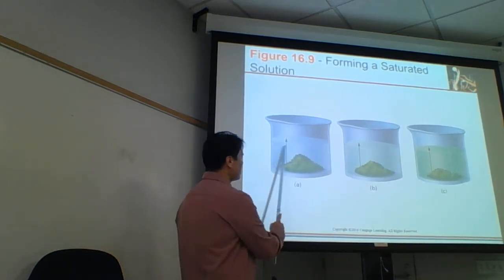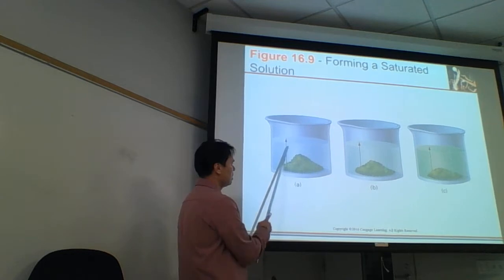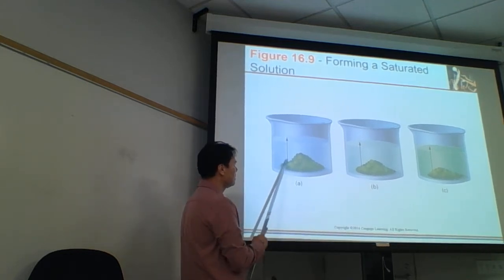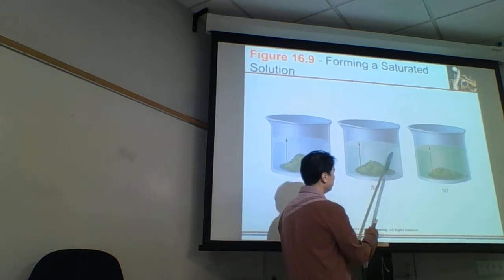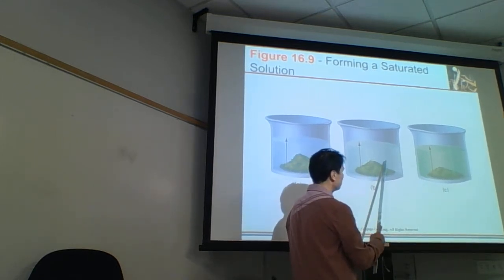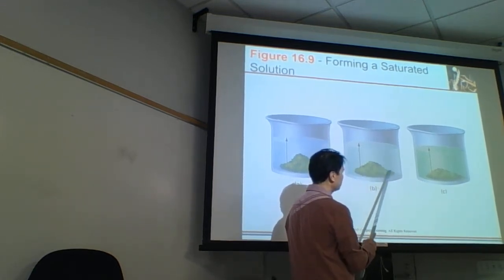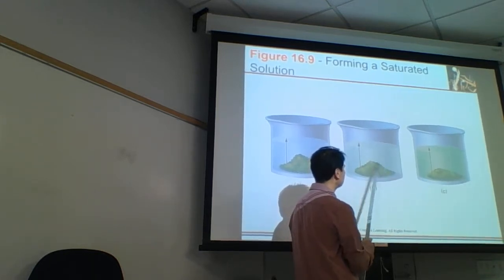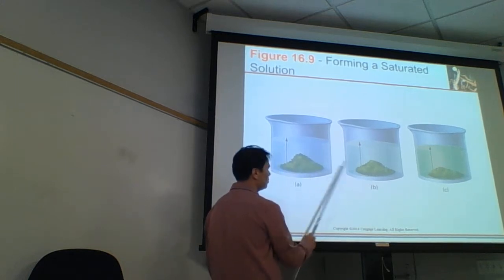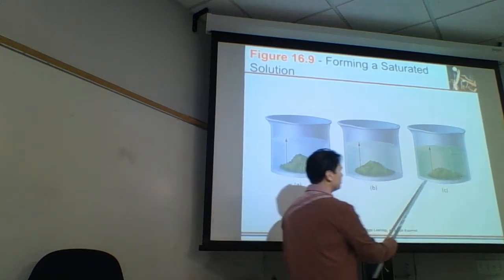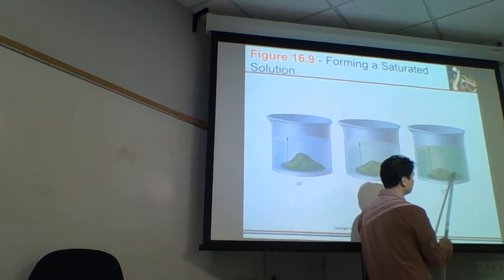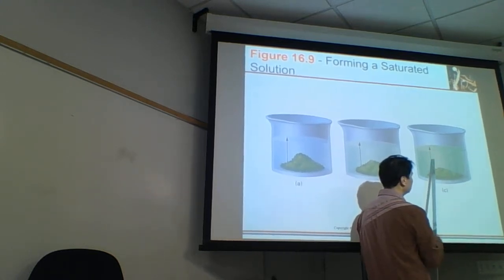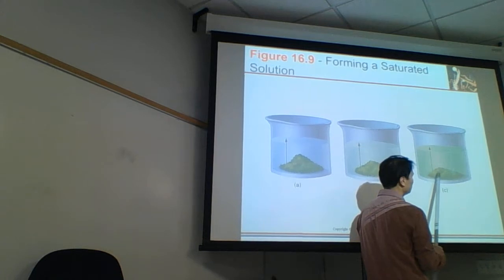When we have an unsaturated solution, we can dissolve the solute. And so we get net dissolution. As we build up the concentration of solute here, some of the solute can go back and strike the surface here and stick. That's called crystallization. So dissolution and crystallization, but here we have net dissolution. But once we've saturated it, then the crystallization rate is equal to the dissolution rate, and nothing appears to happen.